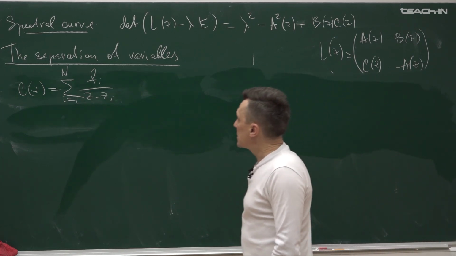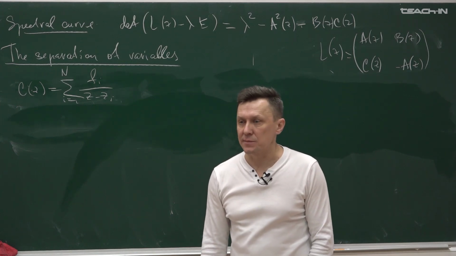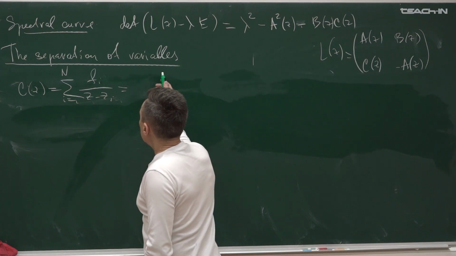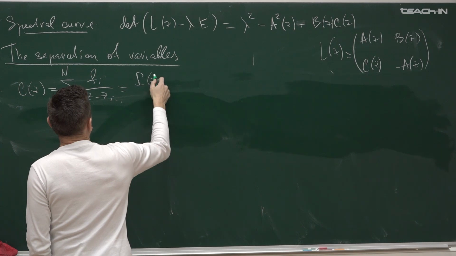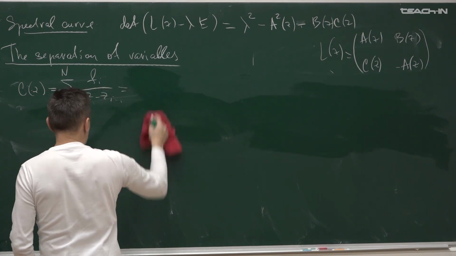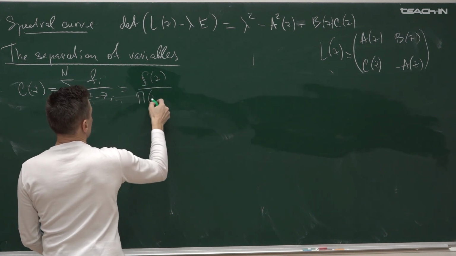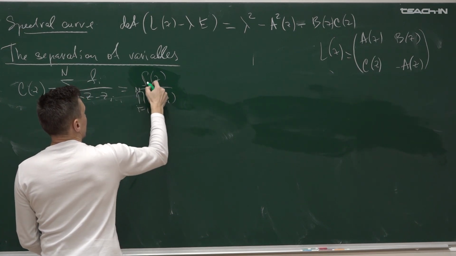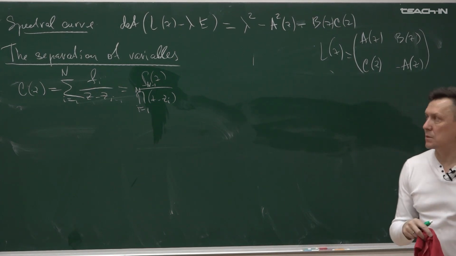I will consider the zeros of this rational function. So you understand that it is some polynomial p of z divided by the product of (z minus z_i) from 1 to n, and this is a polynomial of order n minus 1.